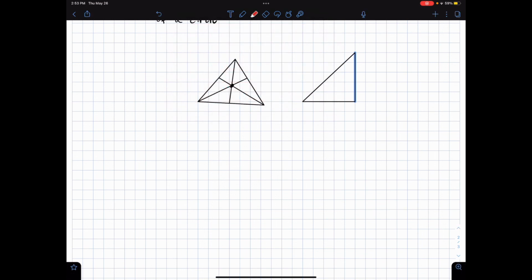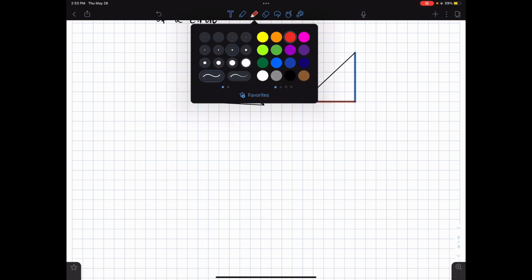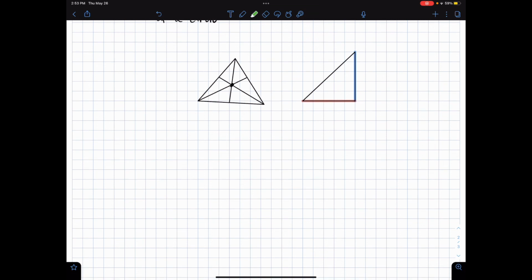Same for this height here. It's just the side of the triangle. And for the third height, it's going to pass through that vertex and be perpendicular to this side. So we see that the orthocenter, or the intersection of the three heights, is located at the vertex opposite the hypotenuse, and that's true for all right triangles.